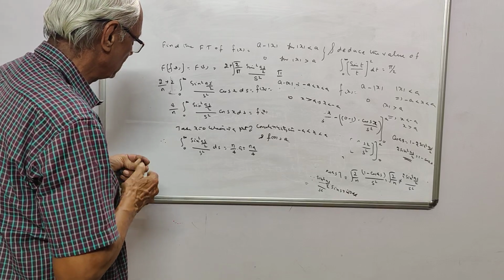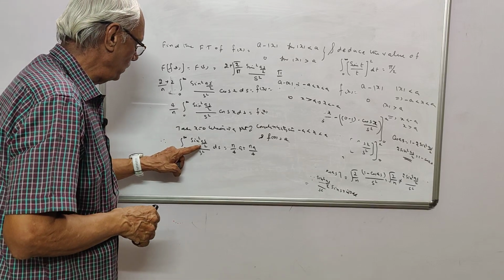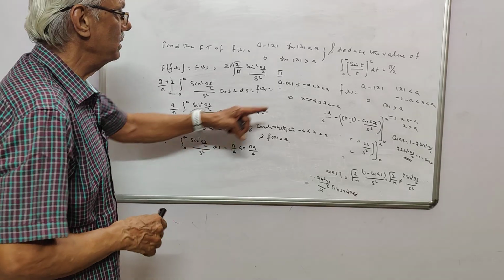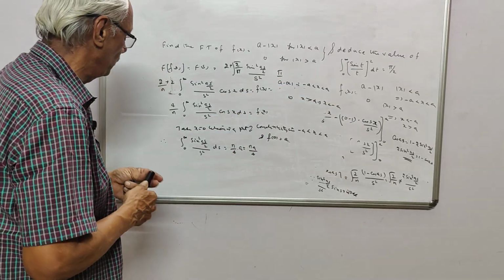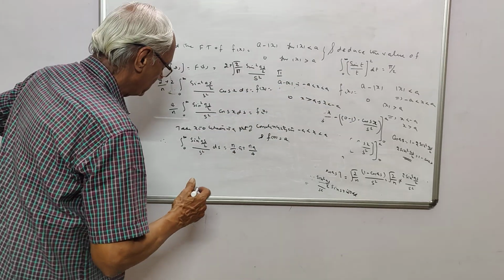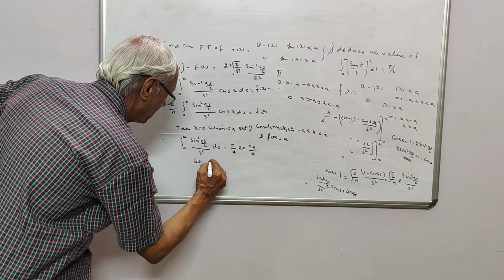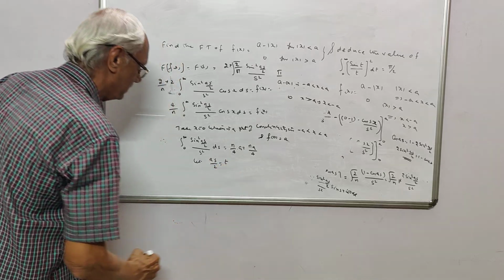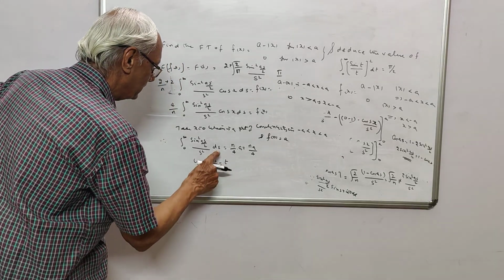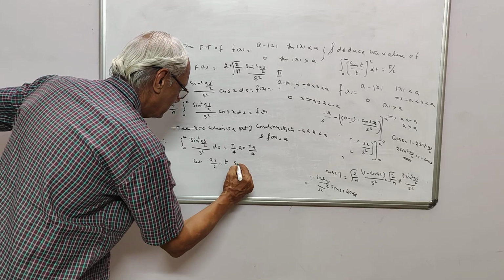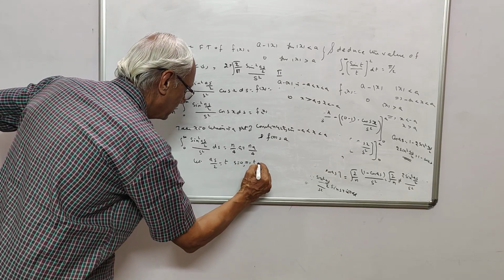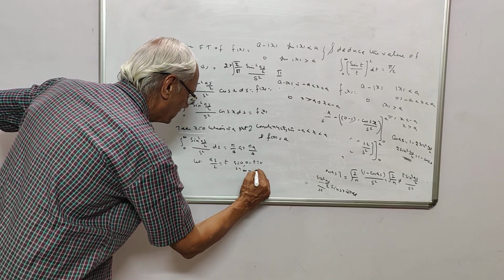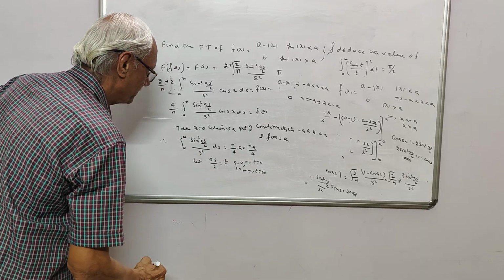Now let me take this. I want it in this form. So what I will do is, let as by 2 be equal to t. See here the variable is s. S is equal to 0 implies t is equal to 0. S is equal to infinity implies t is equal to infinity.